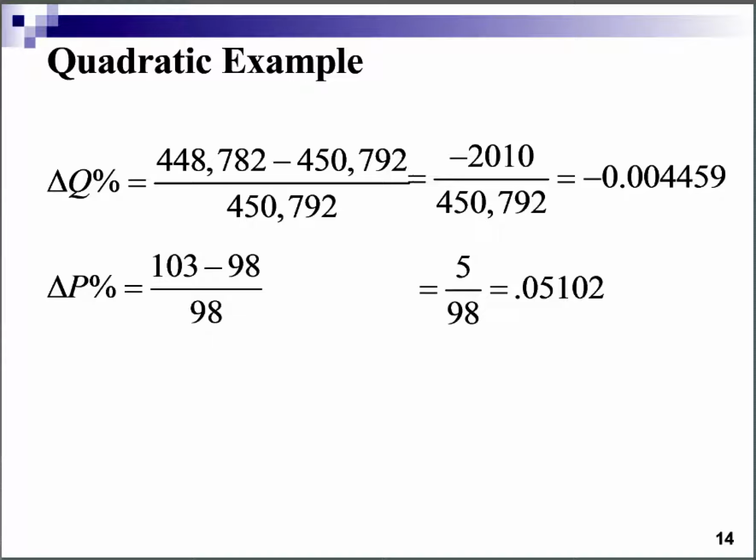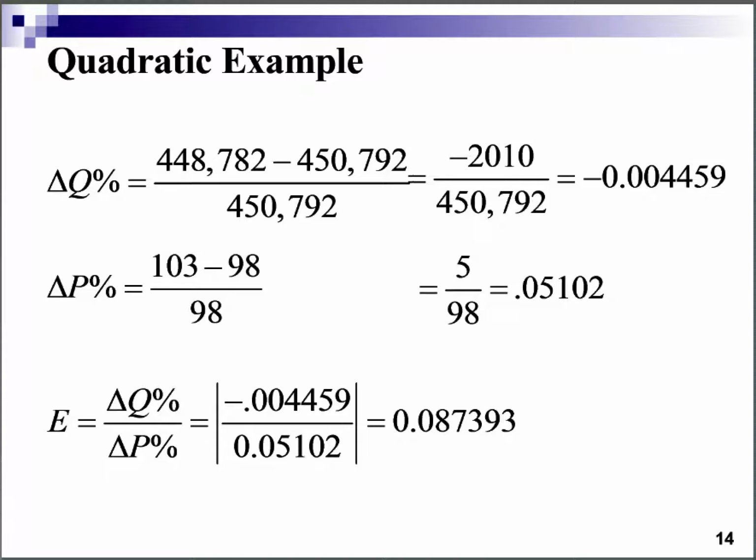So for a relatively large increase in the price, you're seeing the quantity in demand drop relatively slowly, so that when we look at the ratio, we're going to see a value that is much smaller than 1. So in this situation, when we take the absolute value, we end up with 0.087393 for the elasticity value.